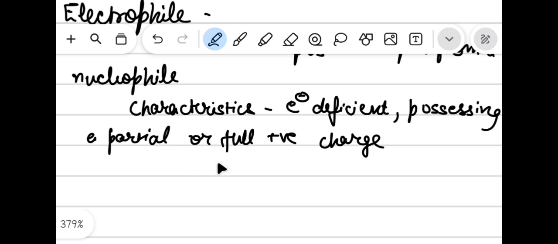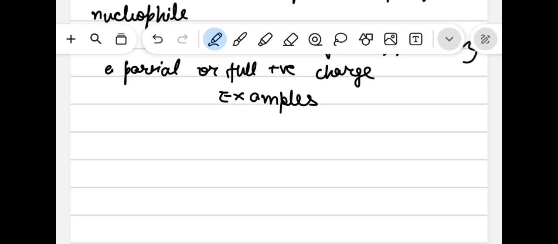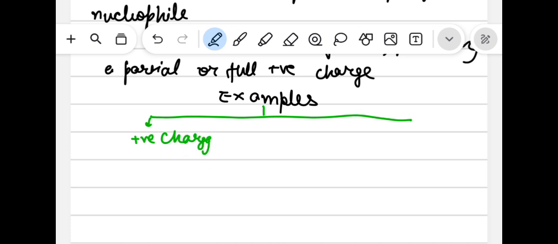Now, coming to examples, we have categorized electrophiles basically in two ways. Examples of electrophiles: one that has a positive charge, and the other which are neutral.